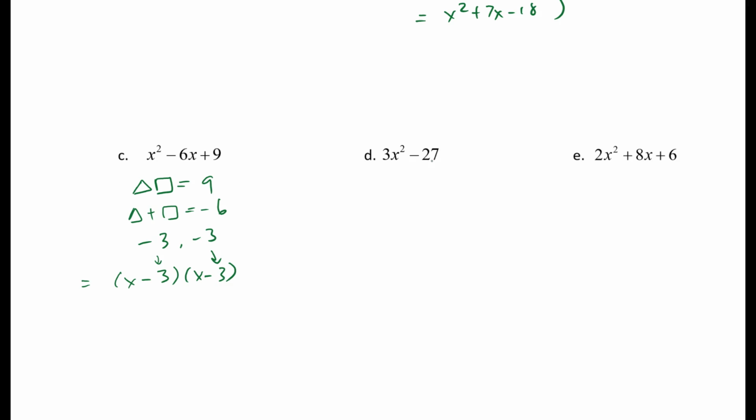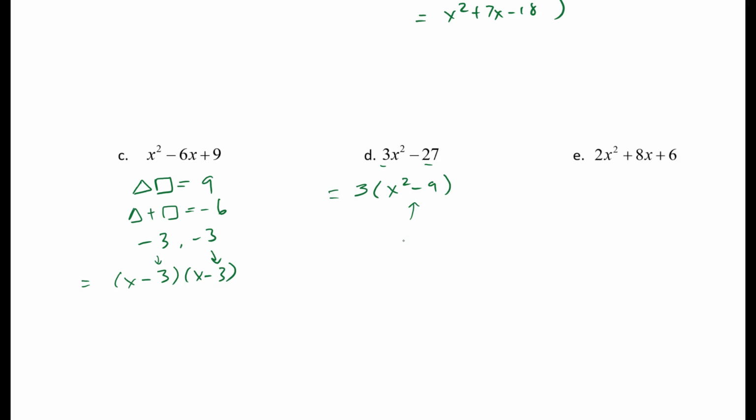Here we have just two terms. So the goal is to factor out something common. In fact, that should actually be our goal with everyone, is to see if there's a common factor we can just take out. Here we see that 3 is common to both of these, so I'll take that out. 3 times x squared minus 9. And then we may notice that this is also factorable.